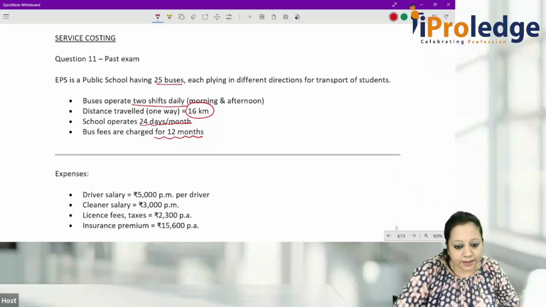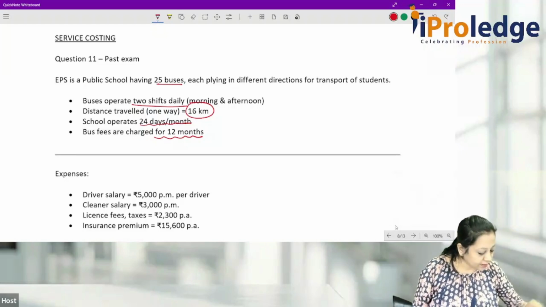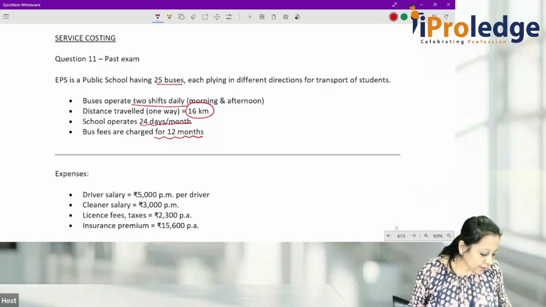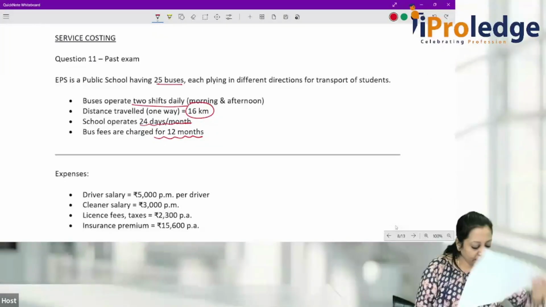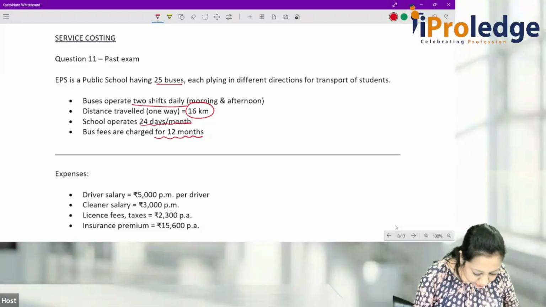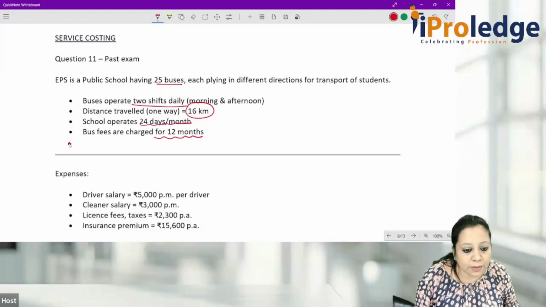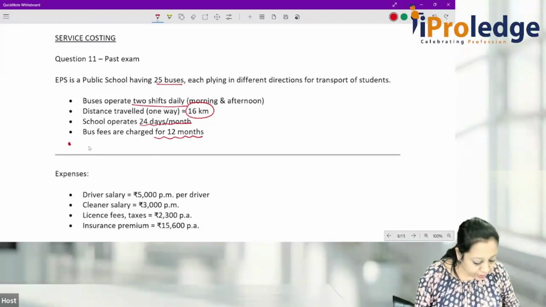Basically, they have said that the fare is charged for 12 months, right? But the school is open only for 10 months. The school is functional only for 10 months. So please add one more sentence here. Anyway, it will be updated before I upload this.